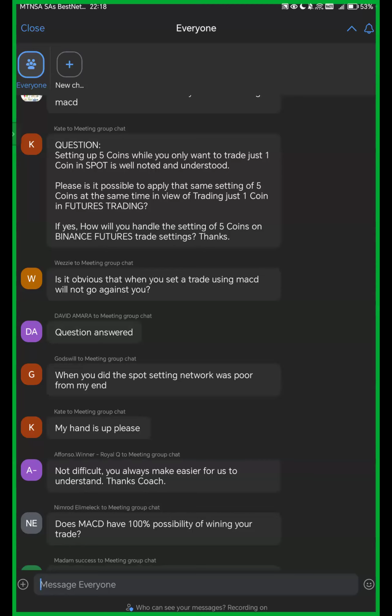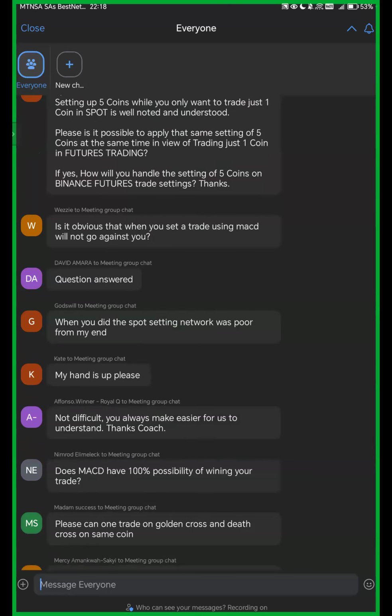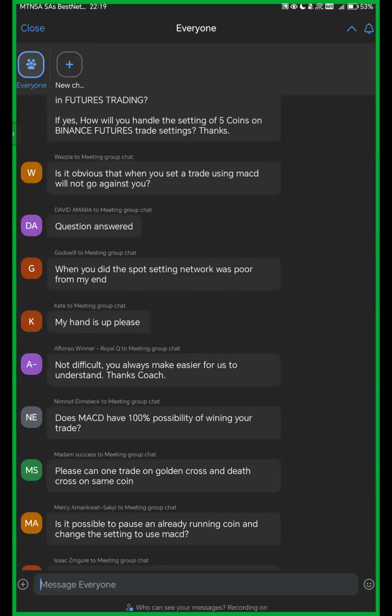Okay, so the MACD indicator does not guarantee you to win the trade, but we are saying if the entry was a good entry, it contributes to the success of the trade.